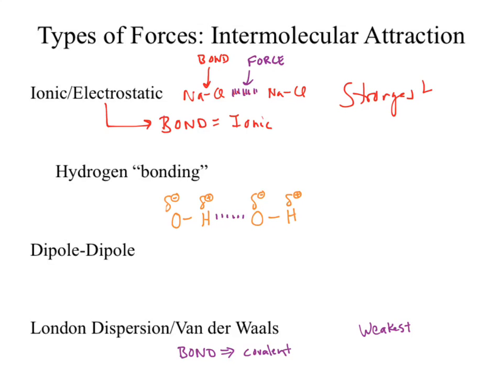Dipole. What's the interaction between dipole and dipole? It's a dipole-dipole force. Super creative. So the interaction that we get from a dipole comes from what type of bond? A polar covalent bond.